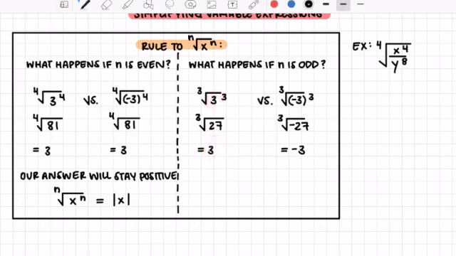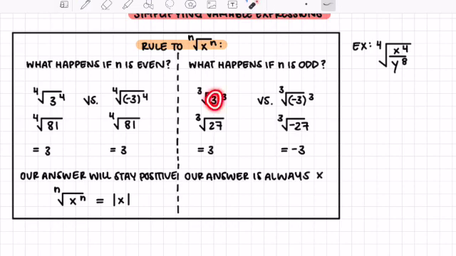So in this case, our answer is always x in the end. Whatever our x value was is our answer. In this case, our x value is going to be the same too.